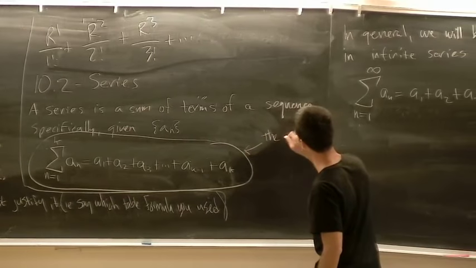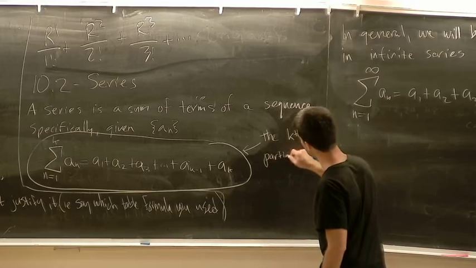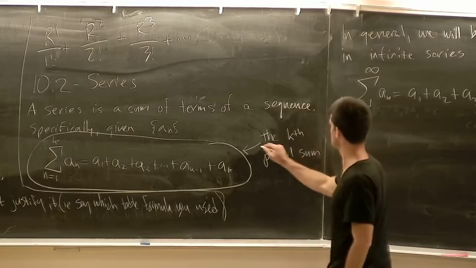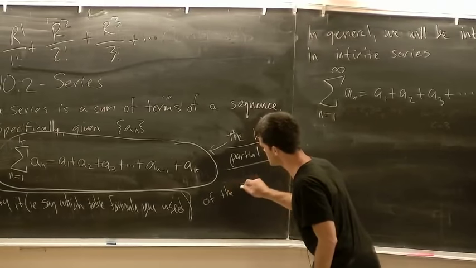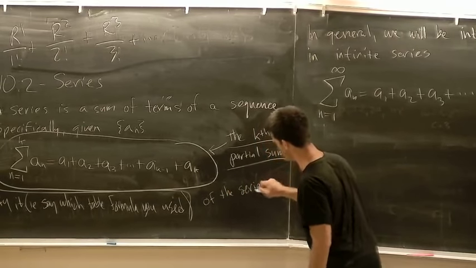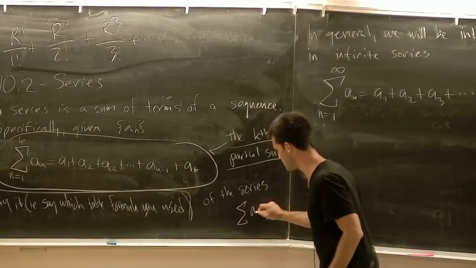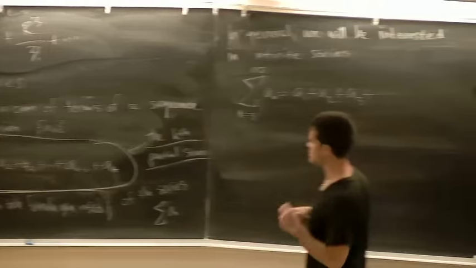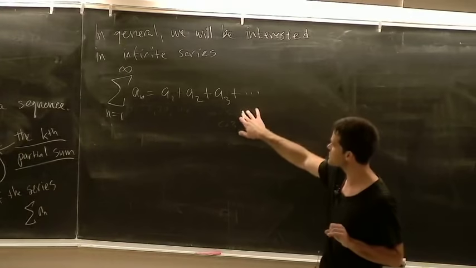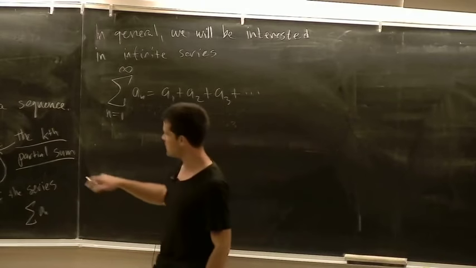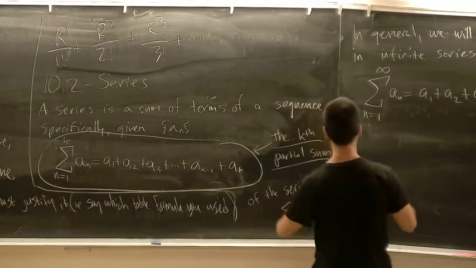So this expression right here, this is what I will call the kth partial sum of the series, the sum of a_n. Like I said, we're usually going to be looking at infinite series, but the kth partial sum will be only the sum of the first k terms.